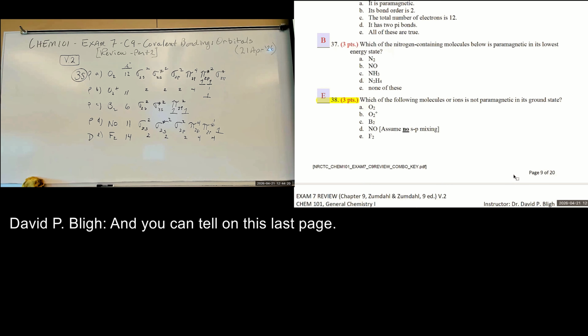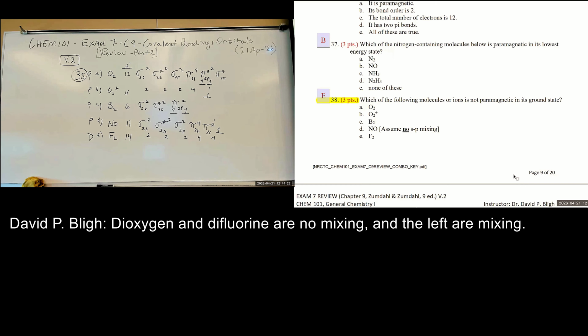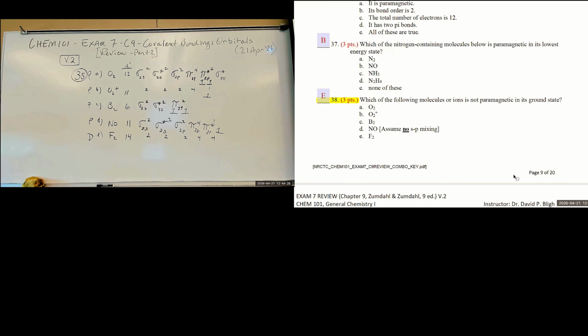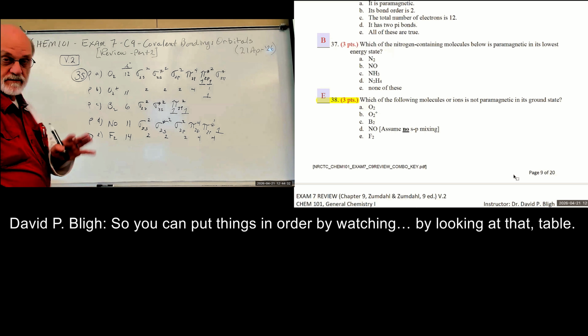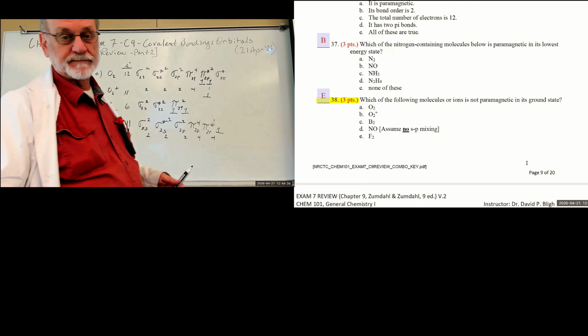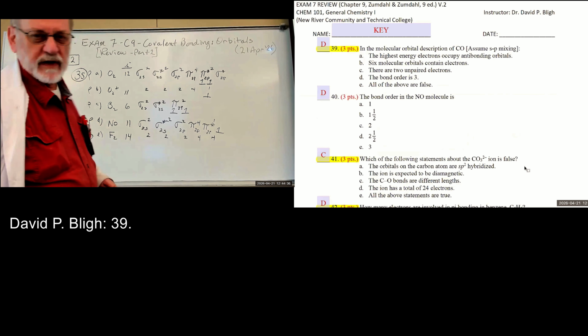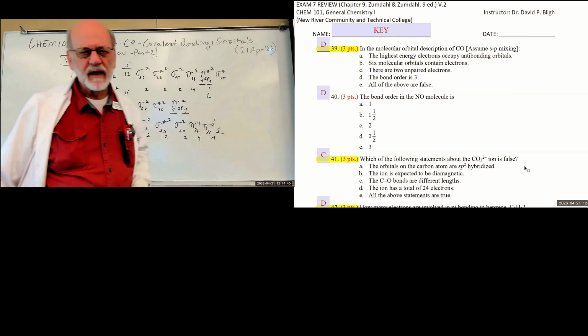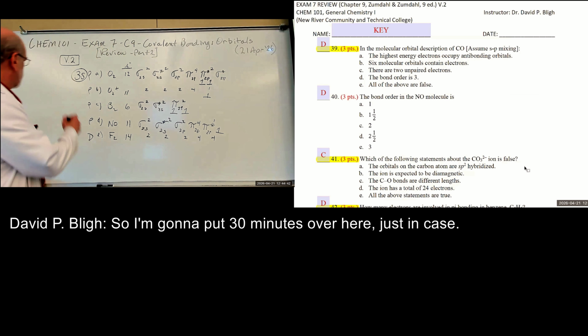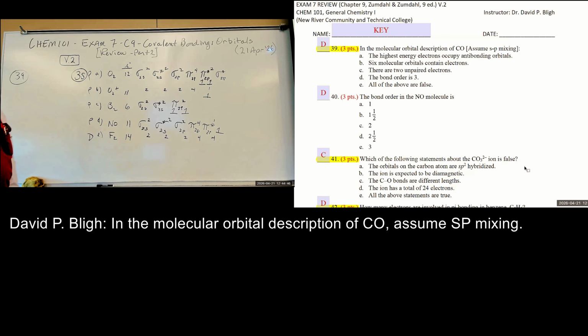And you can tell on this last page, dioxygen and difluorine are no mixing, and the left are mixing. So you can put things in order by looking at that table. Number 39. I don't want to erase that if I'm going to need it again, so I'm going to put 39 over here, just in case.